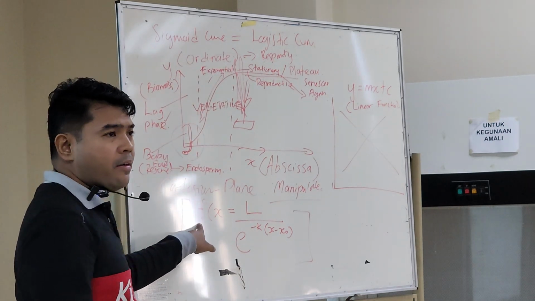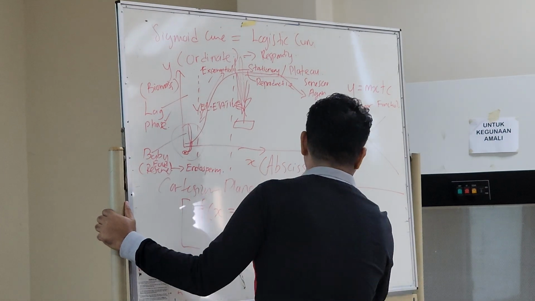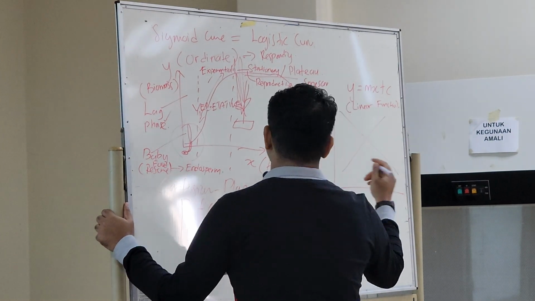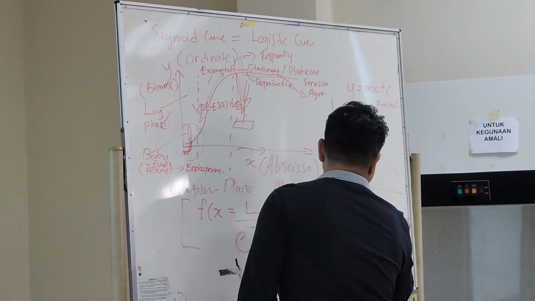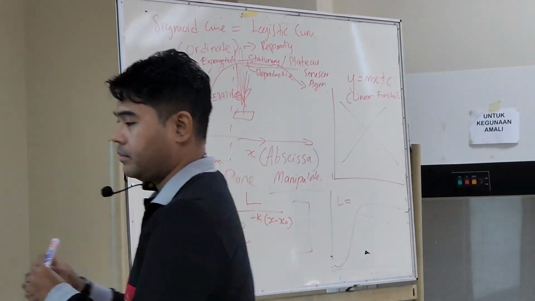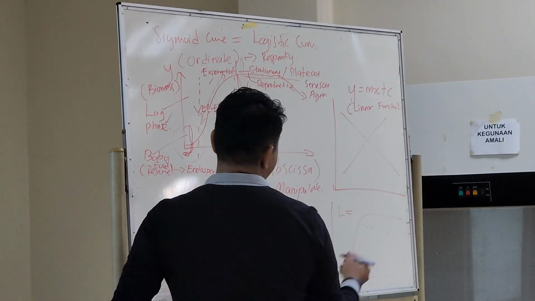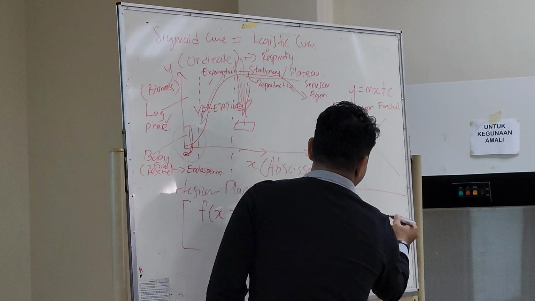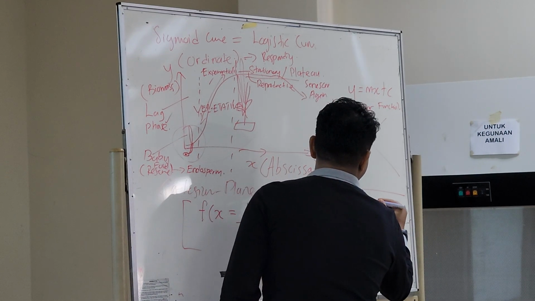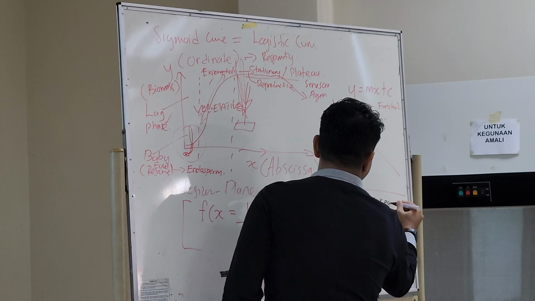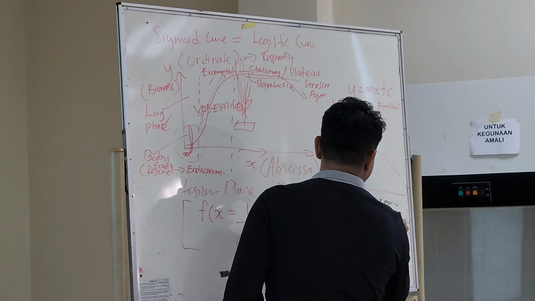So what on earth are these? I'll just write it here. L is actually, I'll just draw it again, okay? L is actually this thing, the peak, the max point. So it should be here.